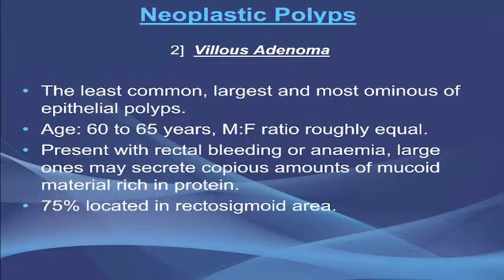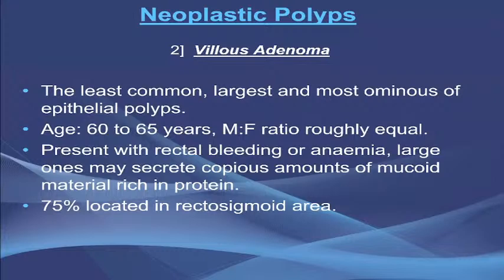And often the common presentation is rectal bleeding or anemia from long-standing blood loss. It could be occult blood loss, so the patient may not necessarily notice that they are bleeding, or it could be overt rectal bleeding.